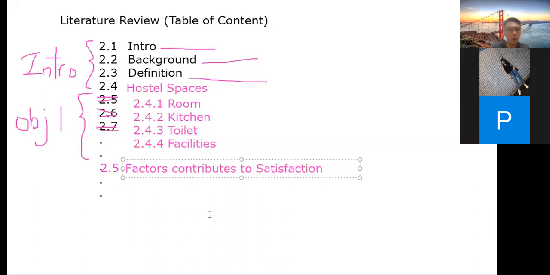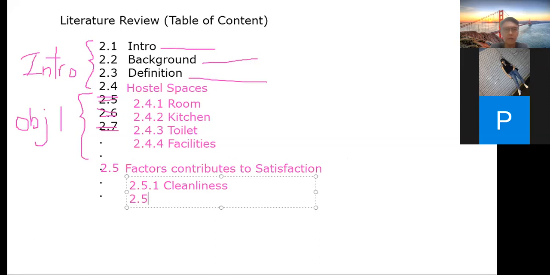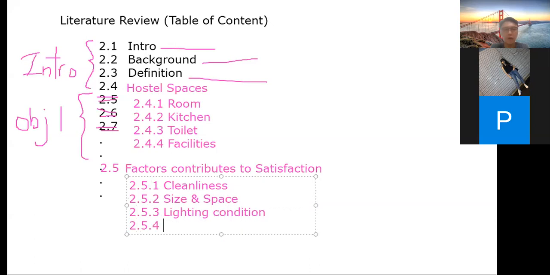So I will put 2.5.1 cleanliness, 2.5.2 size and space, 2.5.3 lighting conditions, 2.5.4 air ventilation, and so on.